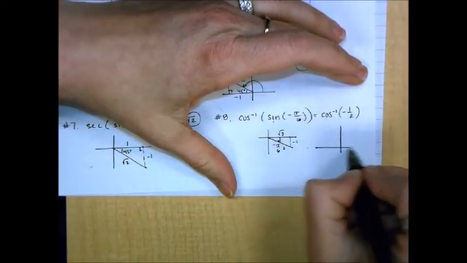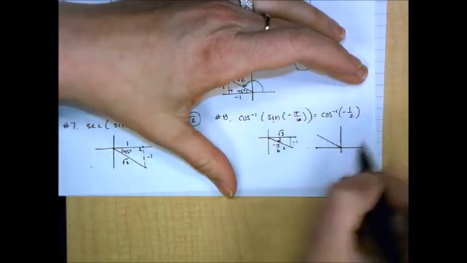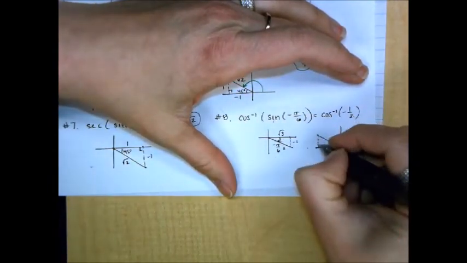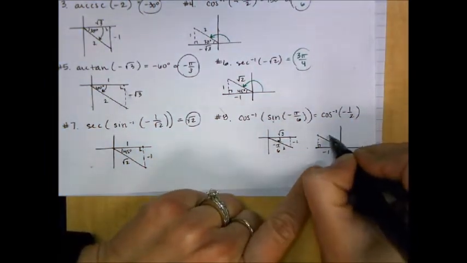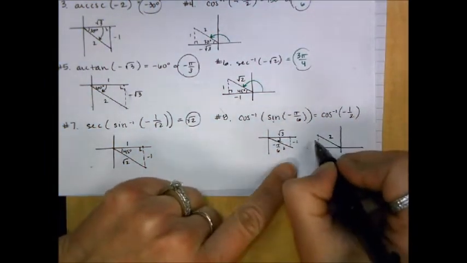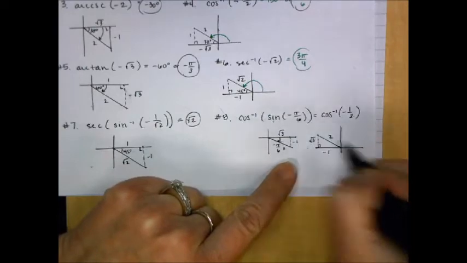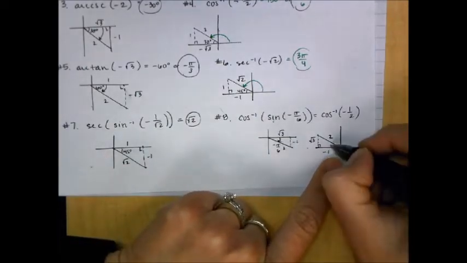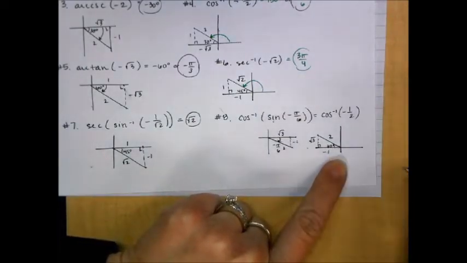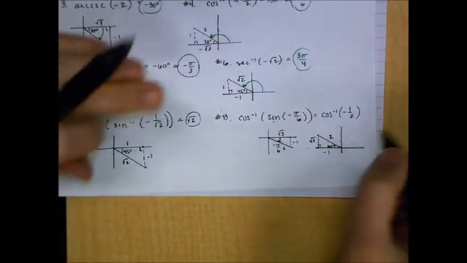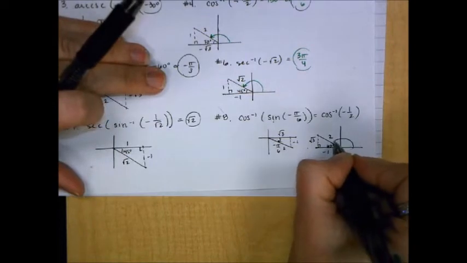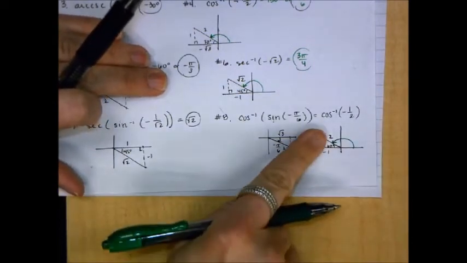We label the sides adjacent, -1, hypotenuse 2. That leaves the missing side as a root 3. And your reference angle, 60 degrees or π/3. So we want to know what this angle is in quadrant 2. From 0 to here. So 60 degrees shy of 180 is 120 or 2π/3. So that's what this comes out to.